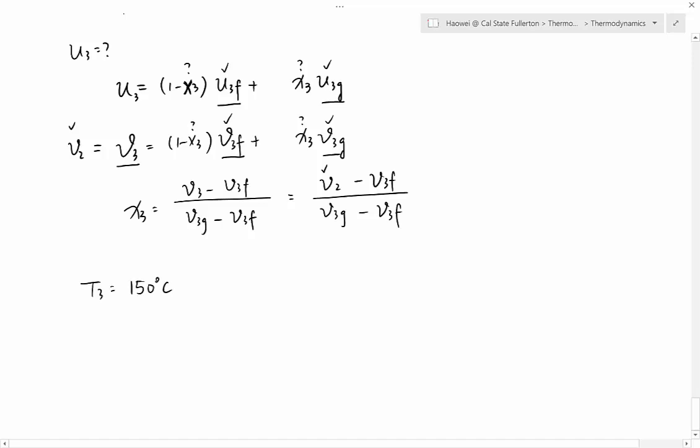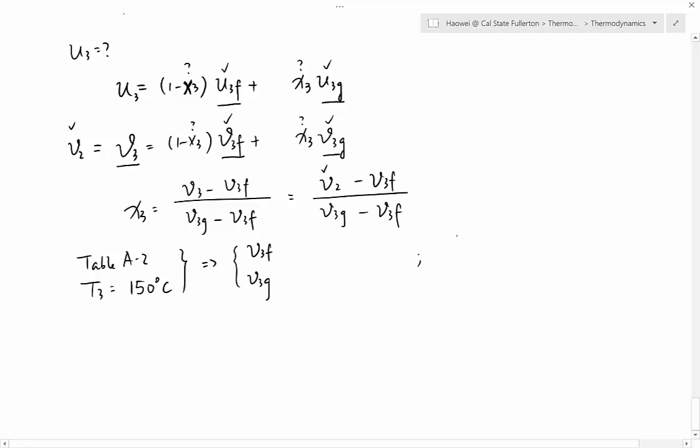So now you know temperature. If you start from temperature, which table do you go to? Do you remember? If you start from temperature, you go to table A2 for water. If you start from pressure, you go to table A3. And then from the table, what do we look for? We need to find nu F. So for us, we call it nu 3F. You also need to find nu G in the table. For us, we call it nu 3G.